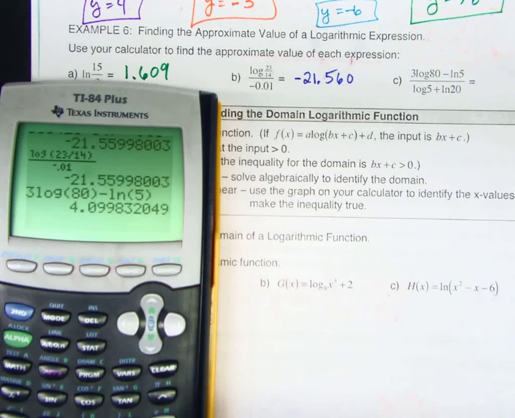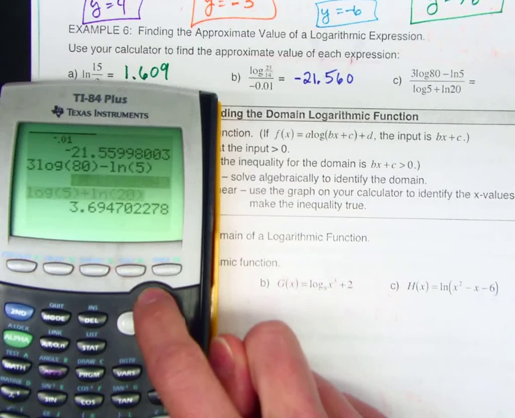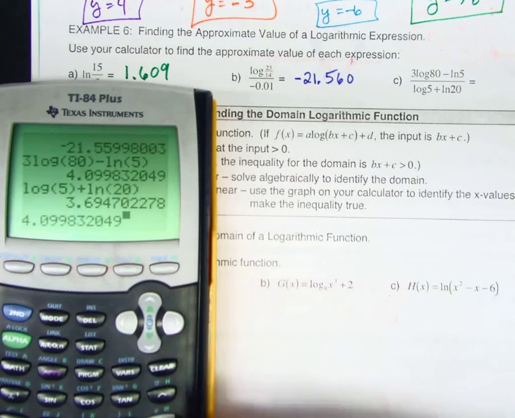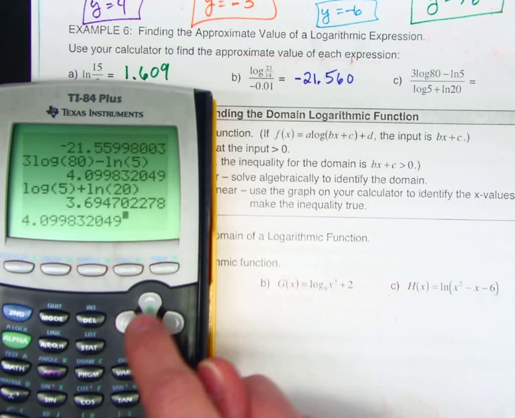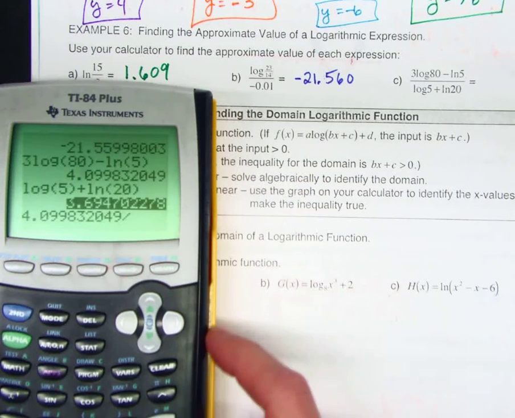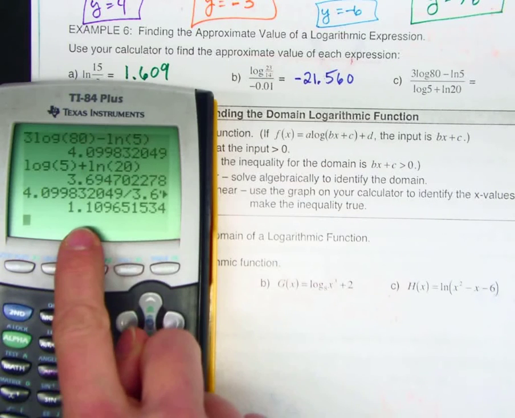Then you could put in the bottom, log of 5 plus the natural log of 20. Press enter. And then if your calculator has the ability, you can just arrow up, press enter, divided by, and then put this here. And then you have your 1.110.